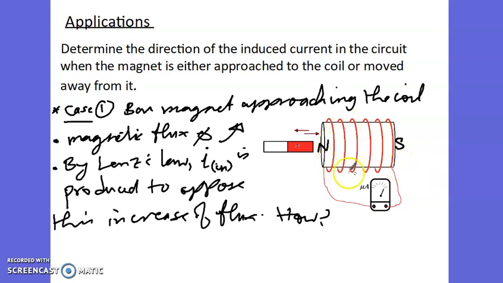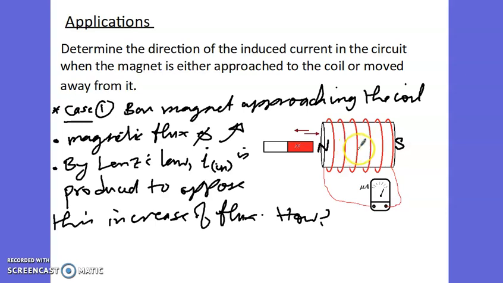You know that an electric current in a wire creates magnetic field. Is that true? Now, since this current in the coil is an induced current, I will call the magnetic field that is created inside this coil an induced magnetic field.